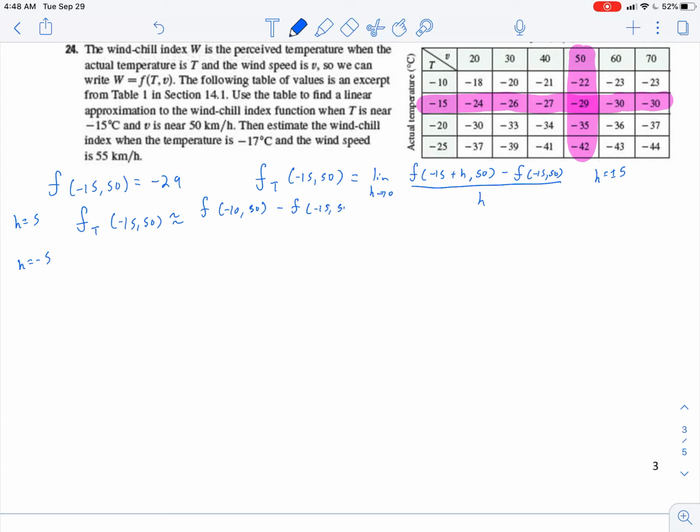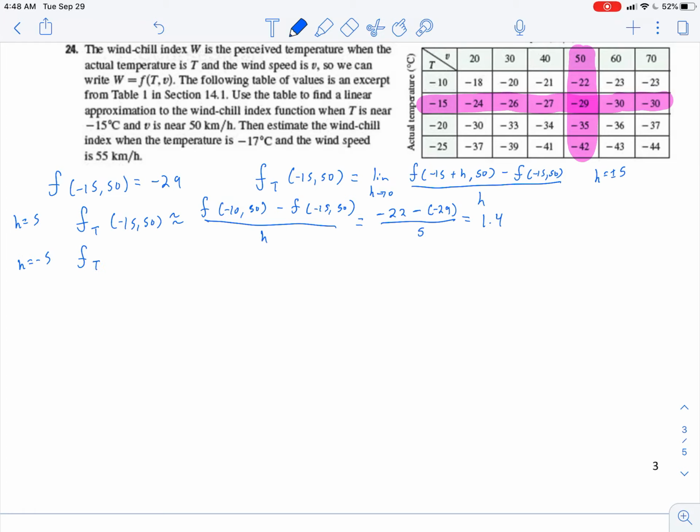Minus f of (negative 15, 50) over h. And so (negative 10, 50) is going to give us negative 22 minus, we found that (negative 15, 50) is going to give us negative 29, all over 5. And when we solve, we're going to get 1.4.